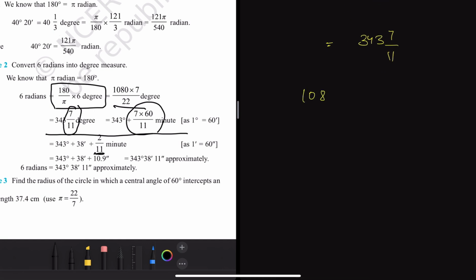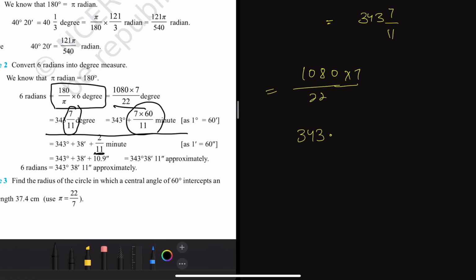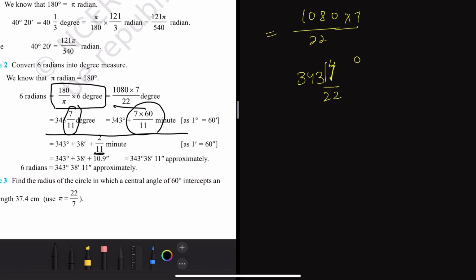If you have 1080 upon 22 by 7, then if you divide it by 22, you will get 343, but after that you will get a value in decimals. We don't want to show the degree in decimals, so we will make the remainder 14 upon 22. You can leave it at that also, but let's say you want to convert it into minutes.